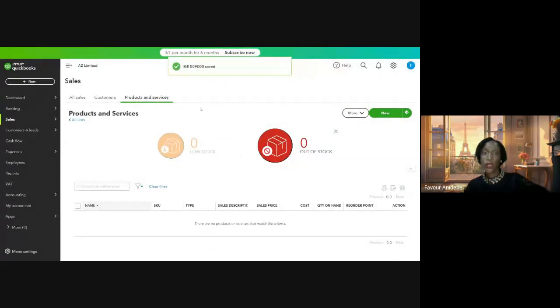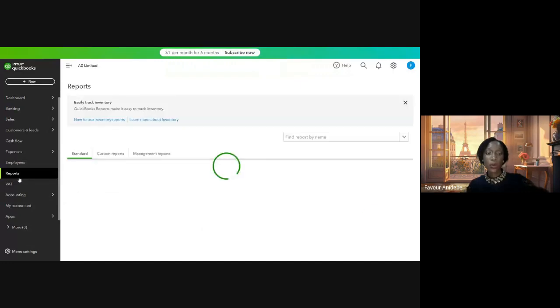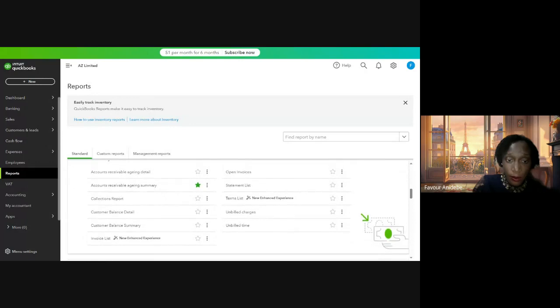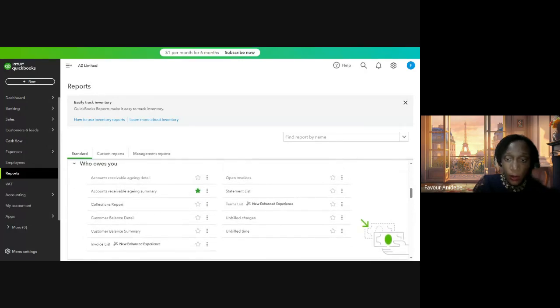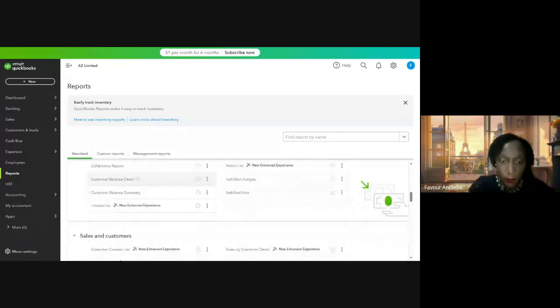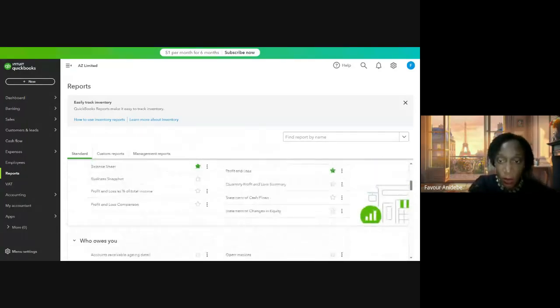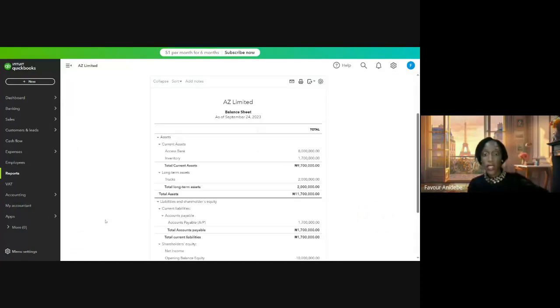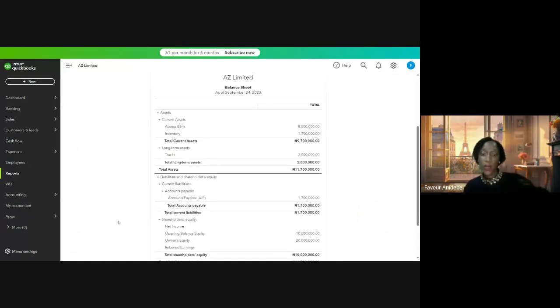It says the bill has been recorded. So by the time you go to your reports, let's go to the balance sheet. You'll see that it reflects. You can see accounts payable. Accounts payable is simply your creditor.